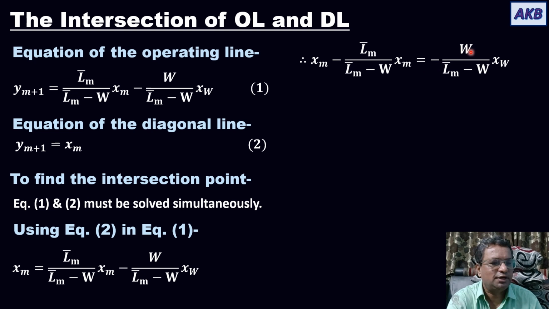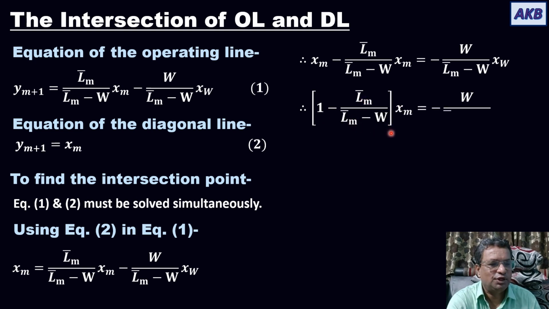That is equal to minus W upon L bar M minus W into Xw. In the next step, on the left hand side, Xm can be taken as a common term. So it will be 1 minus L bar M upon L bar M minus W into Xm, that is equal to minus W upon L bar M minus W into Xw.